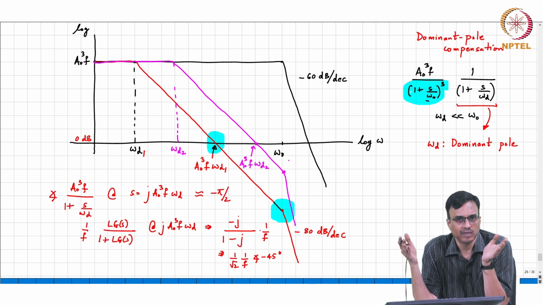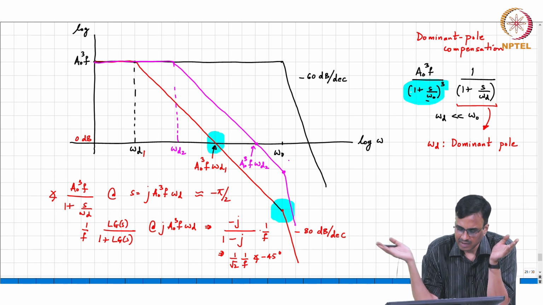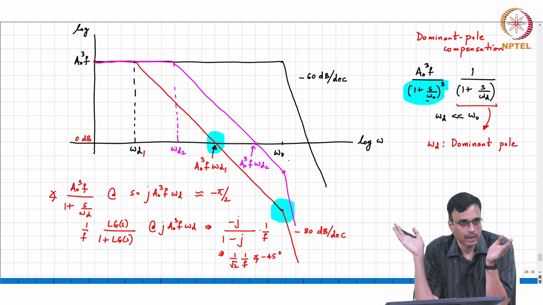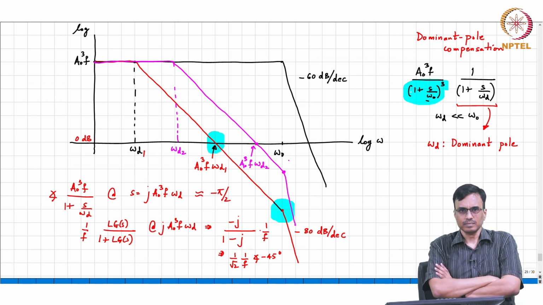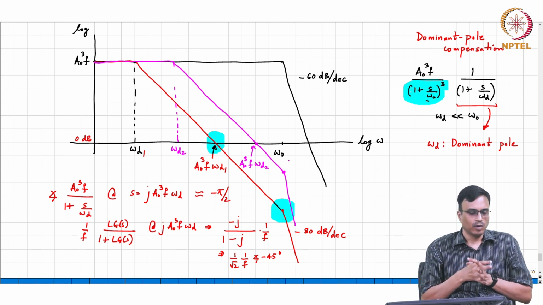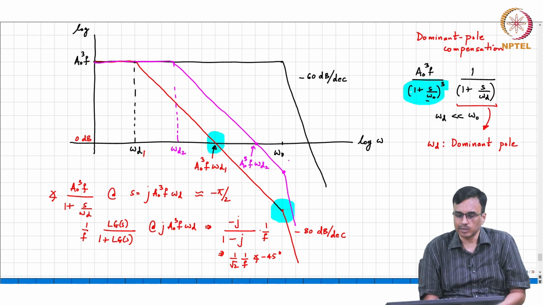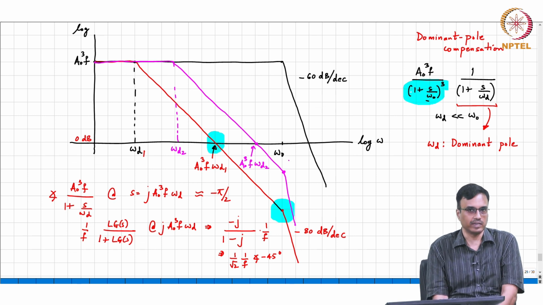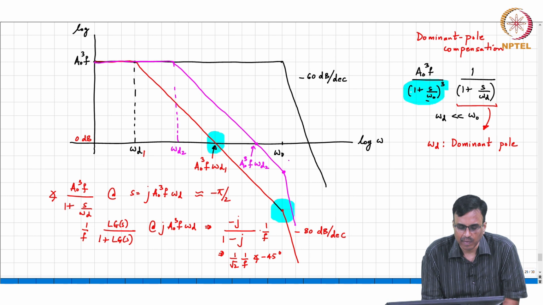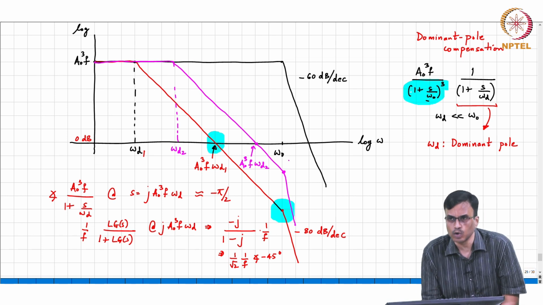The unity gain bandwidth is evidently increased by some factor. So there must be a way of quantifying which of these two choices of dominant pole frequency, omega d1 or omega d2, makes the loop gain a better approximation to a first order system.